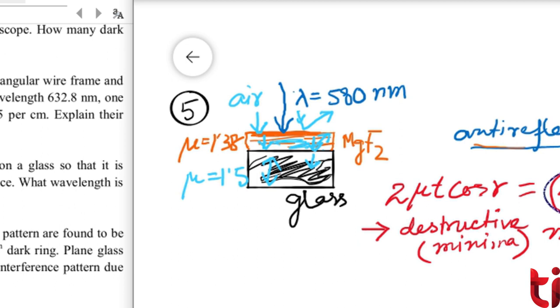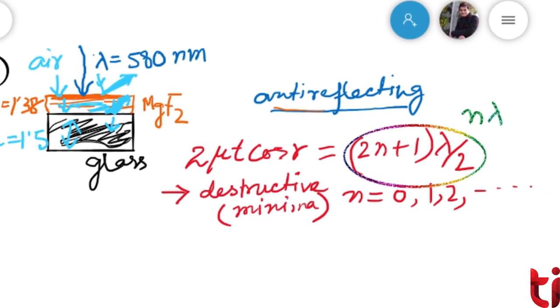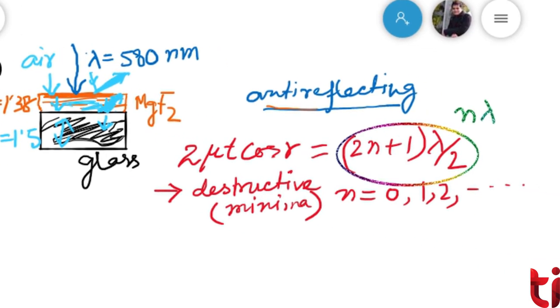That's why the phase difference between this ray and this ray is 0. They both have the same phase, and that's why the condition gets reversed, and now it is equal to (2n+1) lambda by 2 here. So you have to be reminded of this situation here.